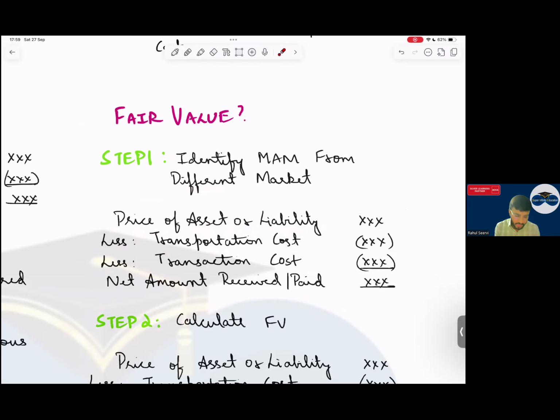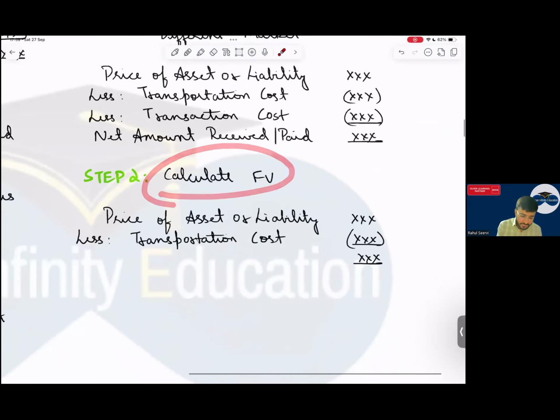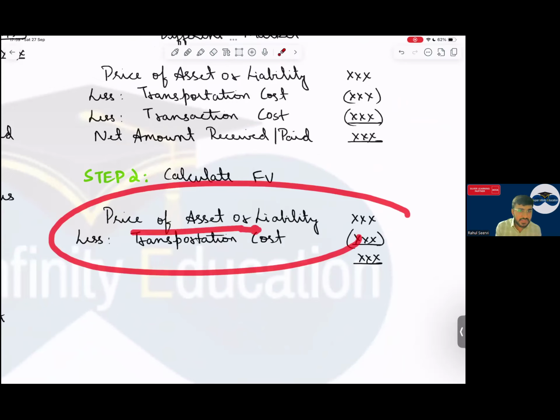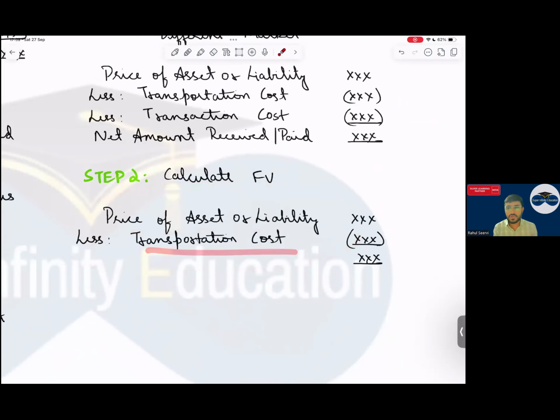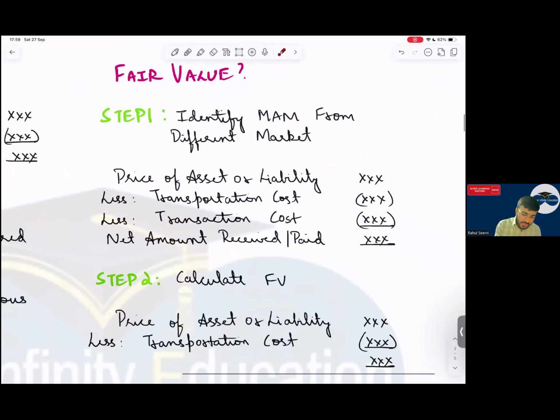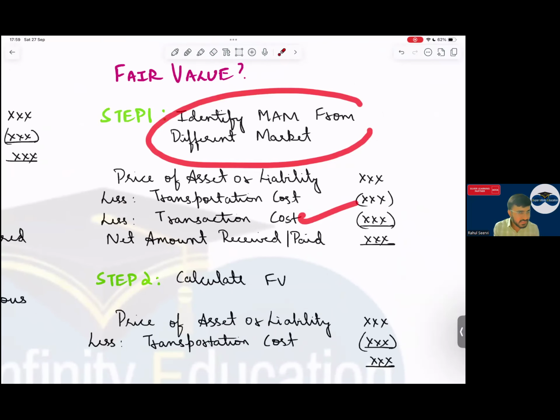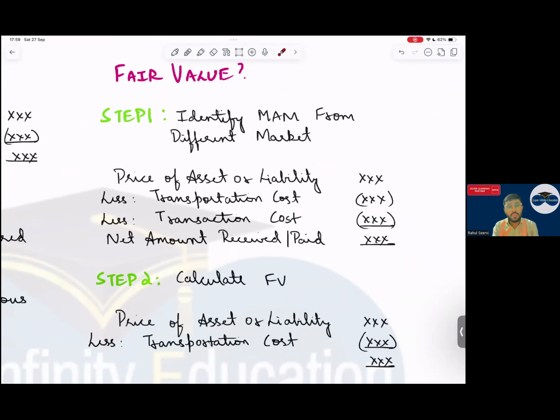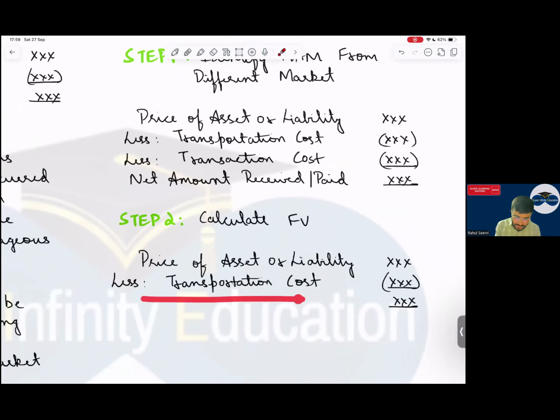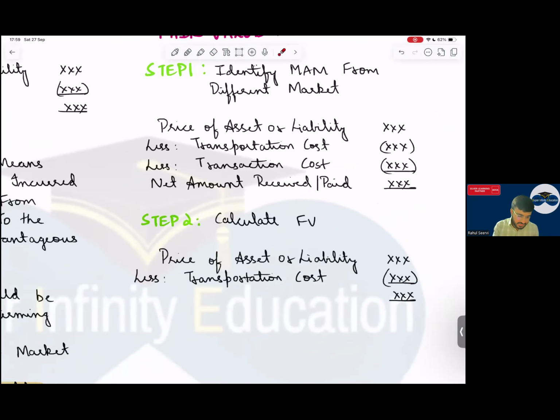The fair value. So when you calculate the fair value, you will consider what? Price of the asset or liability less transportation cost. See, to identify the most advantageous market, we consider transaction cost. But once the most advantageous market is determined, we only consider transportation cost for the calculation of fair value. So I hope this is clear to everyone.